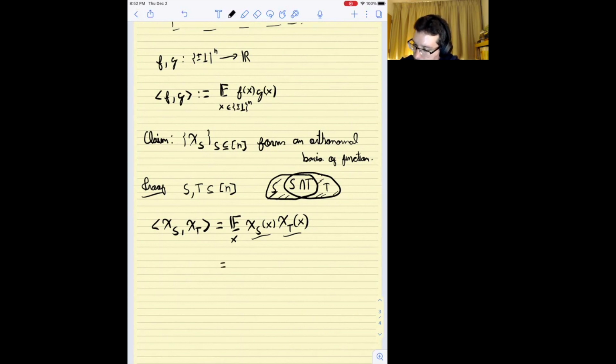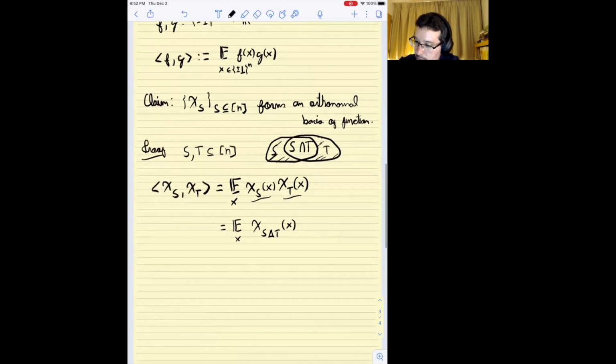So it's as if you're looking at the expectation over X of the character of S symmetric difference T of X, right? Very good. And as we have seen before, this is going to be the indicator of S symmetric difference T being the empty set.